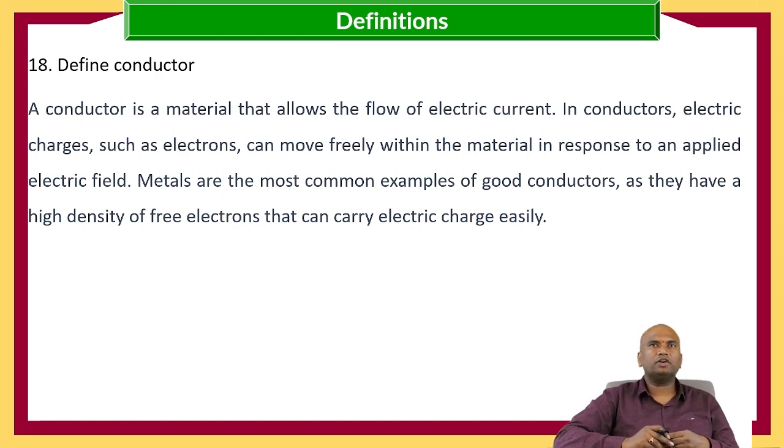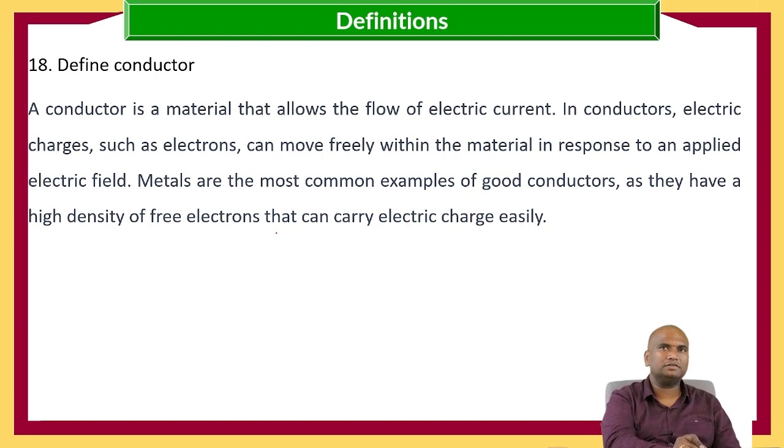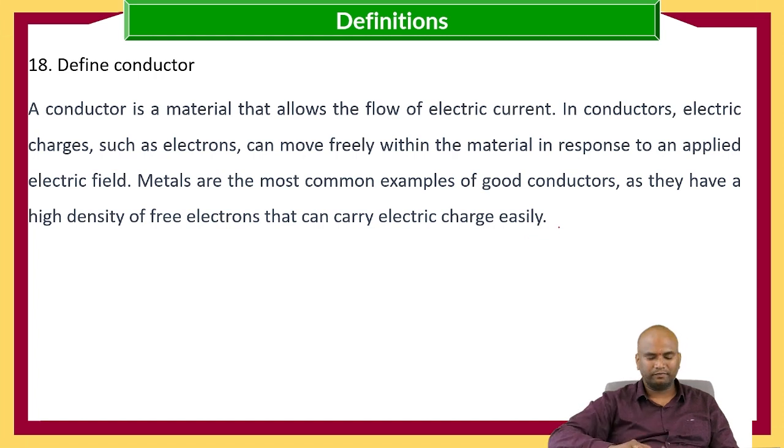Generally, a conductor has less resistance, which allows the electric current. So, all the metals are examples of good conductors as they have a high density of free electrons that can carry electric charge easily.